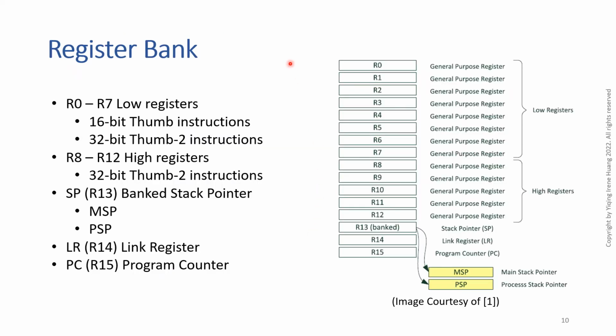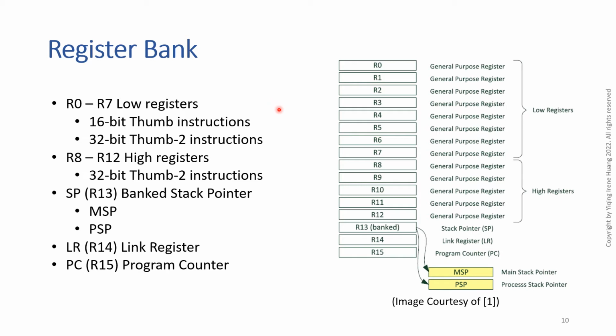The register bank is the most important part of a processor. We have 16 registers in the register bank. R0 to R7 are what we call low registers, and R8 to R12 are high registers. ARM has the 32-bit ARM instruction set, the 32-bit Thumb2 instruction set, and the 16-bit Thumb instructions.